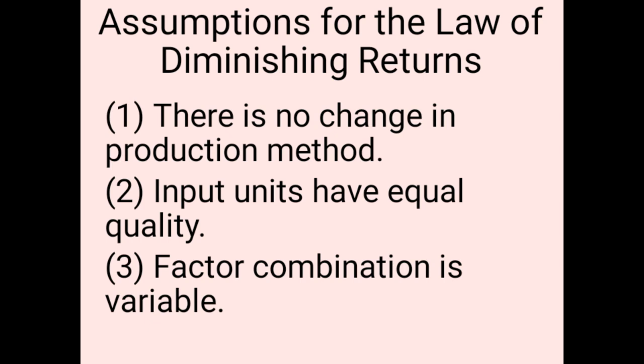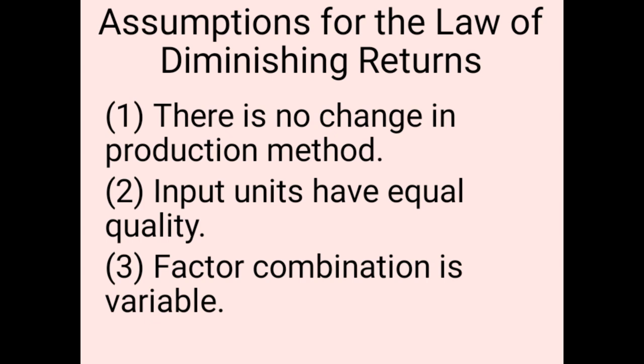In production, all the variable inputs employed have equal quality. Such an assumption lies at the root of the law. If the input units have different qualities, this law does not apply, as some inputs may be of better quality while the others may be of longer life.